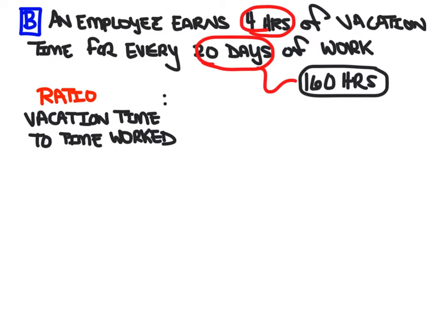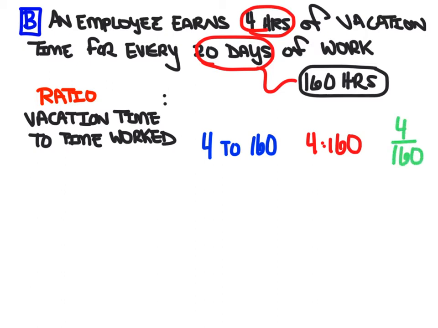Now, if I want the ratio of the vacation time earned to the amount of time worked, I can express that as vacation time earned to the amount of time worked, which is 160. Okay? And I can also express that as 4 colon 160, vacation time to time worked, or also as 4 divided by 160. But again, you're going to notice that there's a common factor of 4.